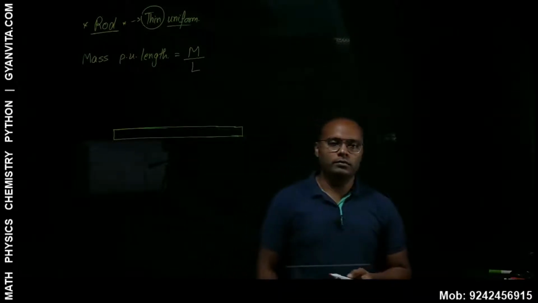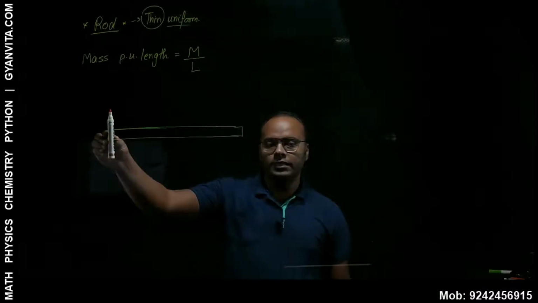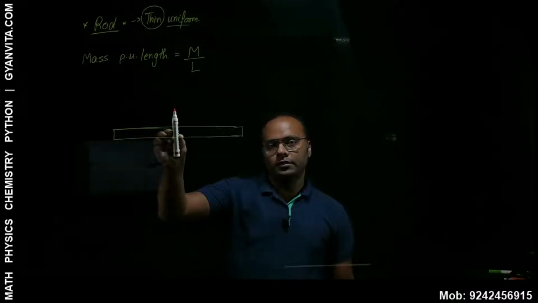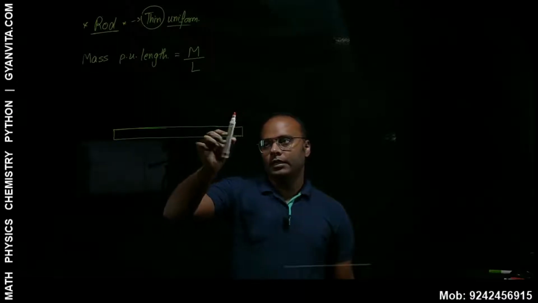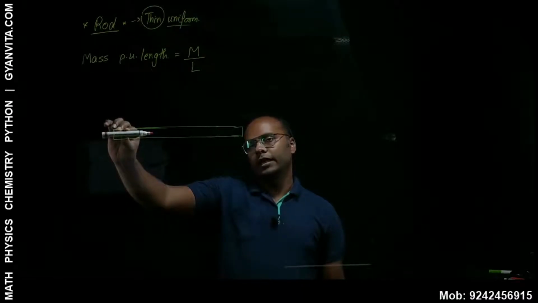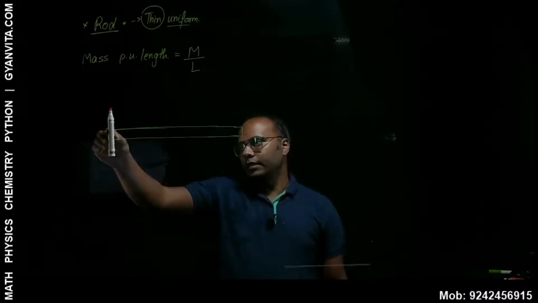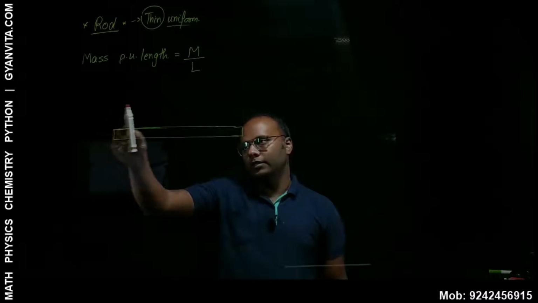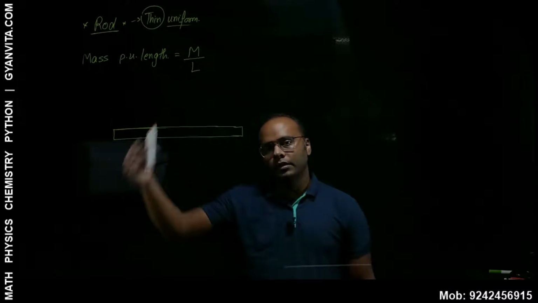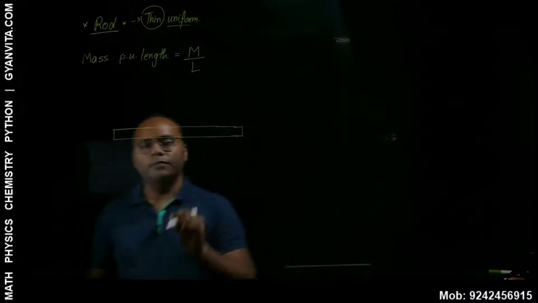The choice of axis can be anything: it may rotate about this axis, or this, or this. But because it is thin, we are not considering this axis. Let us say this is one case, and the center is the second case. Let's start with the one in the center.